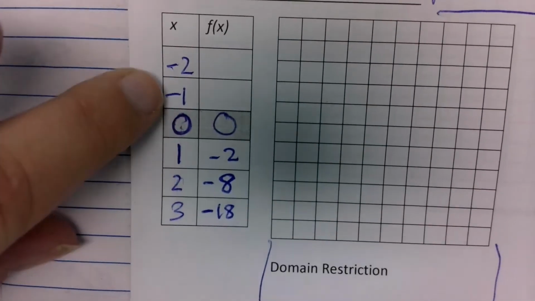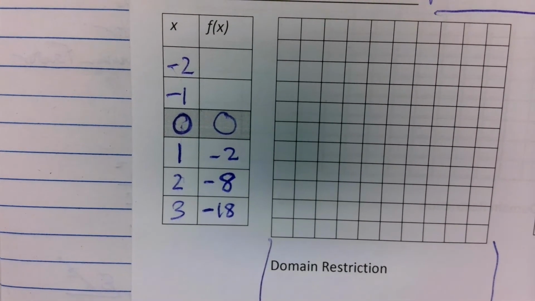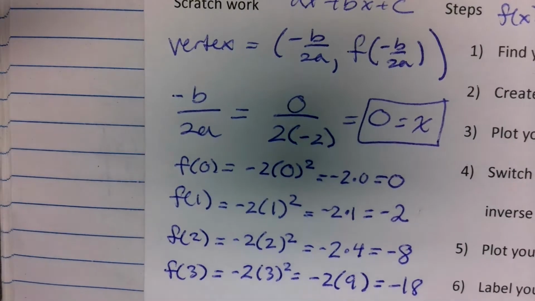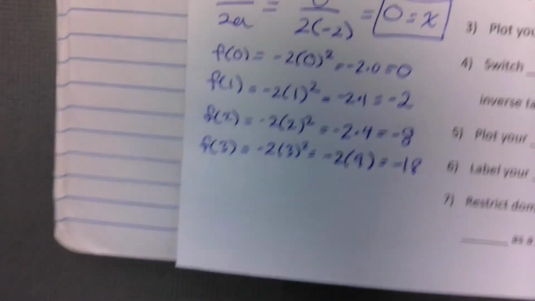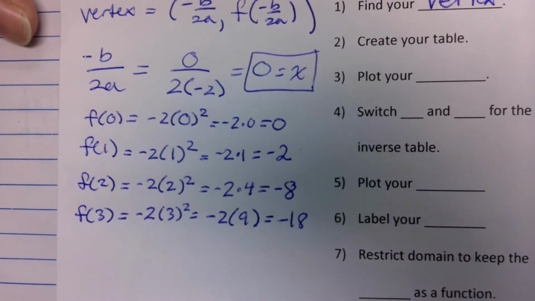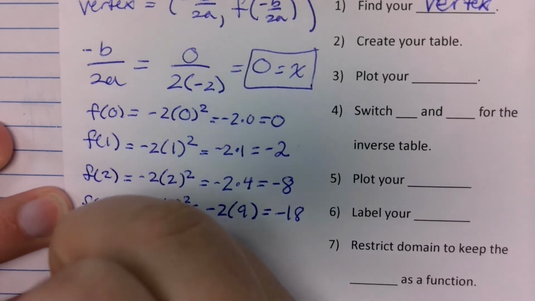Okay, we still need to plug in these negatives. So let's knock those out real quick, and then I'm going to point out some key things. I'm going to plug in negative 1 first.